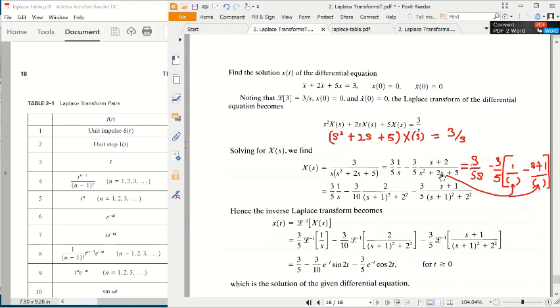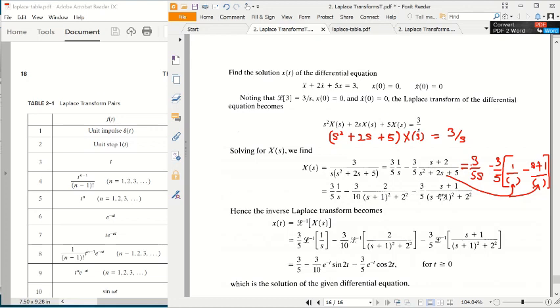So express this in terms of the standard form like this. And of course at the top you have to put s plus 1, and you separate another one as we did before for complex conjugate roots. So at the end you end up with something like this.